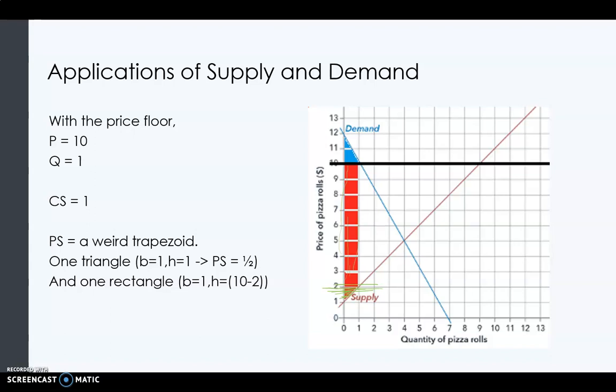The triangle has a base and height of 1, so we end up with half as its contribution. And the rectangle is 1 unit wide, but it's 10 minus 2, that's 8 units high. 1 times 8 is 8. That's a rectangle, so don't cut it in half. If we add the rectangle to the triangle, we get 8.5.